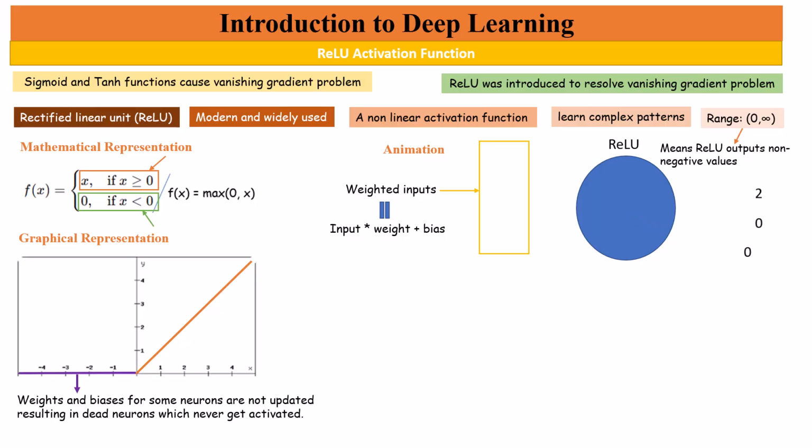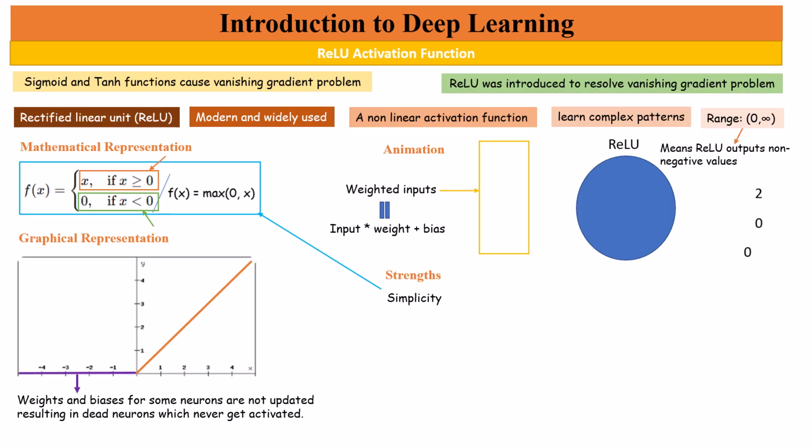If we talk about the strengths of ReLU, we can say that it offers several strengths that make it ideal for deep learning models. First, its simplicity lies in the fact that it only involves a straightforward rule, outputting 0 for negative inputs and the input itself for positive values.